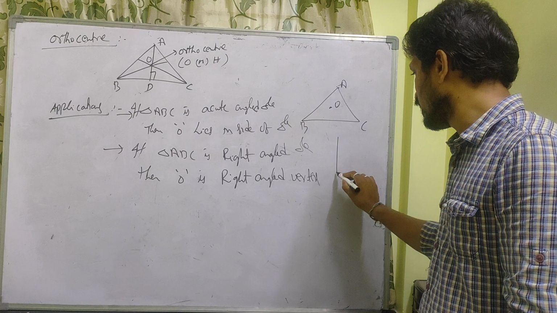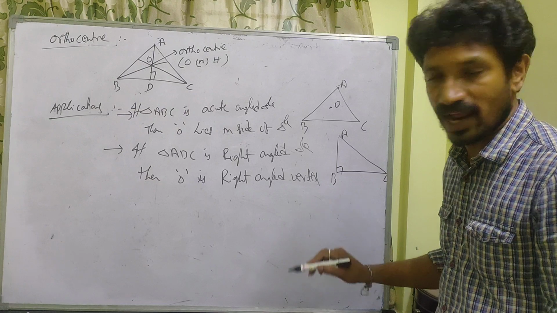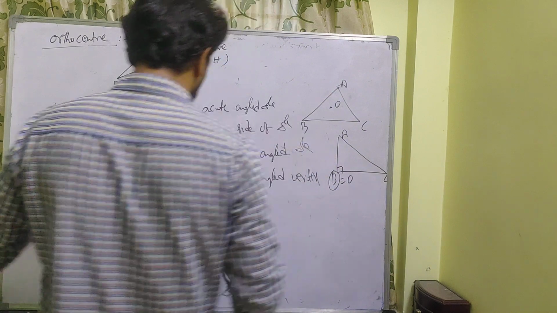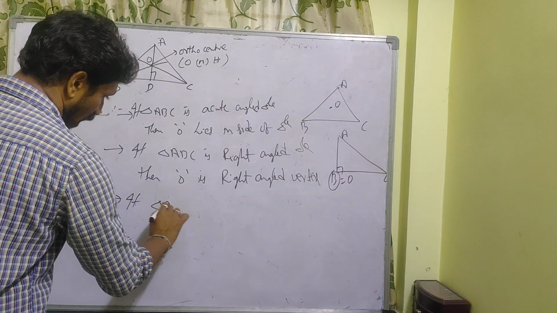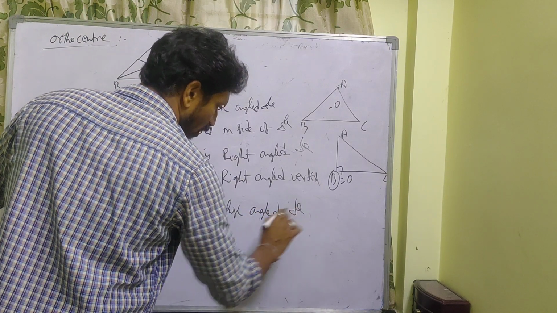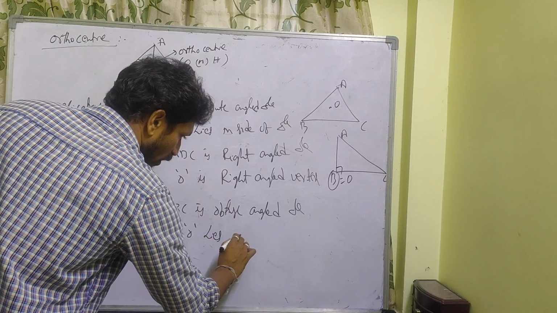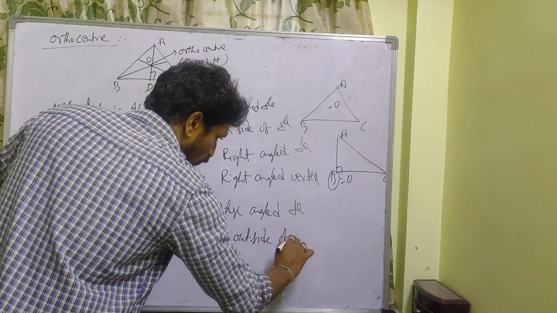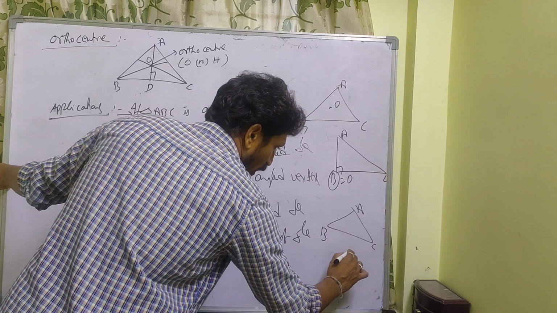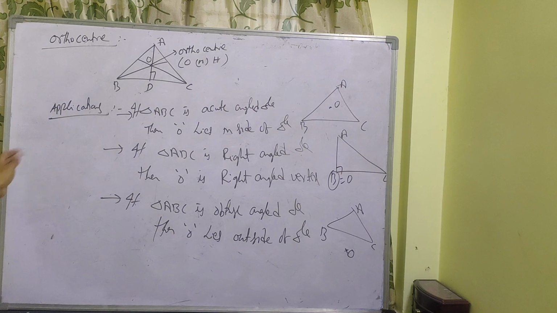If it is a right angle triangle ABC, let us take B is the right angle vertex, this B is nothing but O. If triangle ABC is an obtuse angled triangle, then O lies totally outside of the triangle. That means if it is an obtuse angle triangle, then O will be here, outside of the triangle ABC. Very, very important concept.